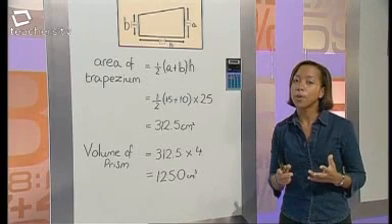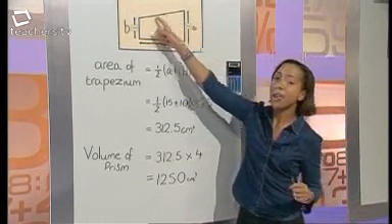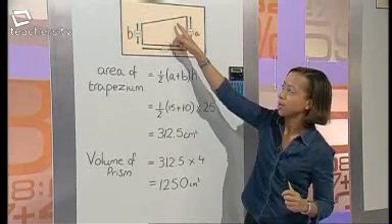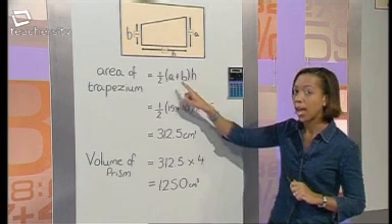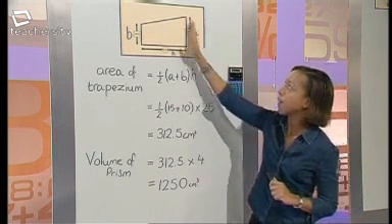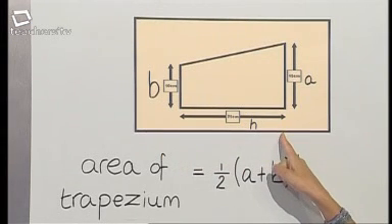To calculate the volume of the prism, I first started by calculating the area of this cross-sectional shape, which is called a trapezium. The formula for calculating the area of a trapezium is a half a plus b multiplied by h, where a and b are the parallel sides and h is the distance between them.